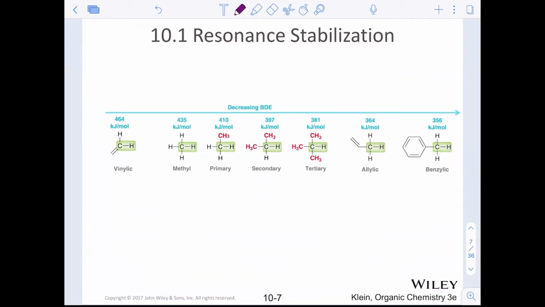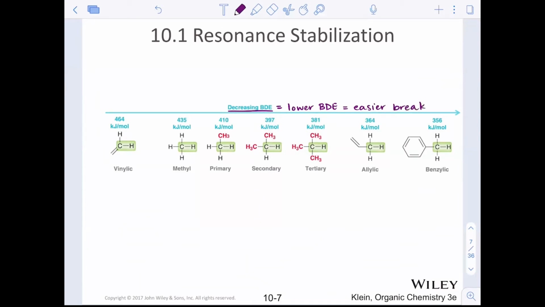We're looking at bond dissociation energies here. Now, what does decreasing bond dissociation energy mean? The lower the bond dissociation energy, the easier the bond is to break.